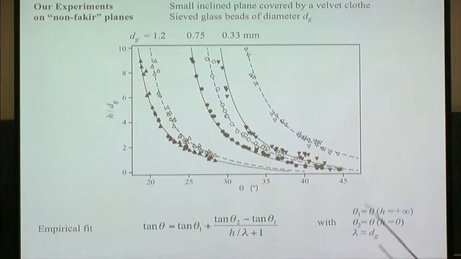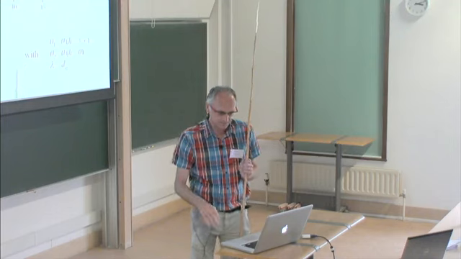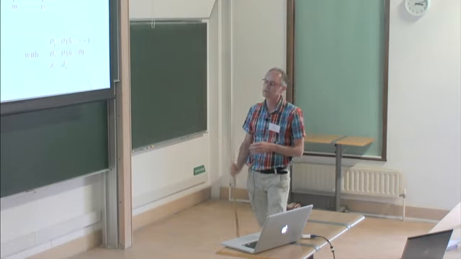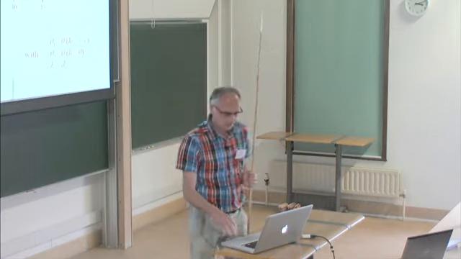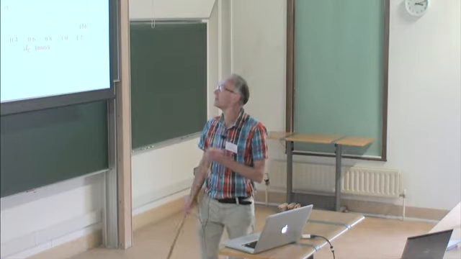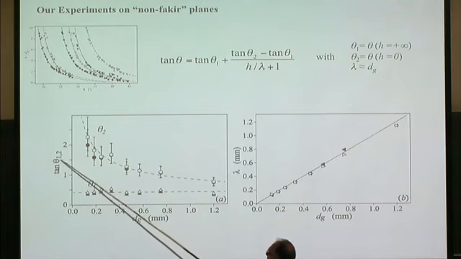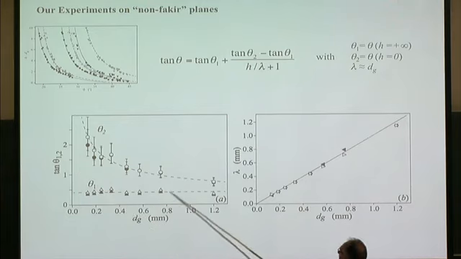What we find is that the characteristic length here is always of the order of the grain diameter, and so there are different curves depending on the diameter of the beads. So theta 1 and theta 2 may also depend on the diameter of the beads. Here is the result for theta 1 and theta 2.